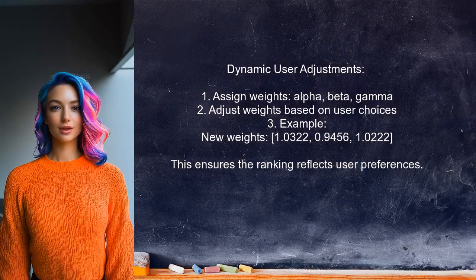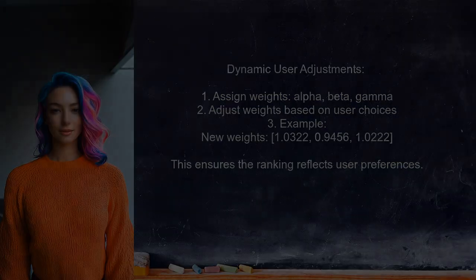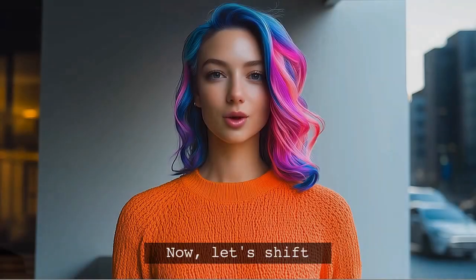This method also allows for user-specific adjustments based on their preferences. By assigning weights to each factor, the algorithm can adapt dynamically to user interactions, refining the ranking based on what the user values most.